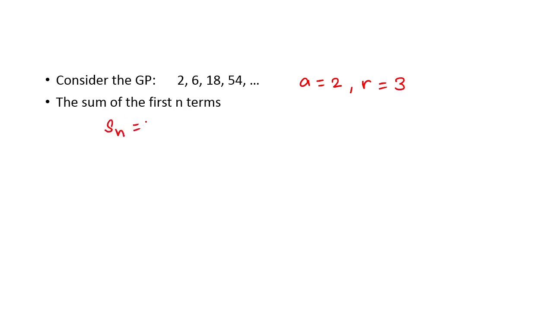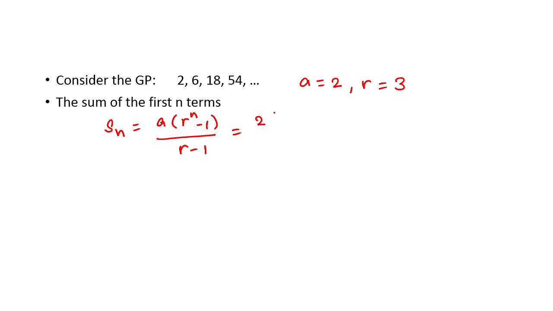Let's say for example, suppose I have this geometric progression. This is a geometric progression with first term 2 and the common ratio 3. We have already seen that this is a geometric progression. Let us say I want to find out the sum of the first n terms. So Sn by formula is a into r raised to n minus 1 upon r minus 1.